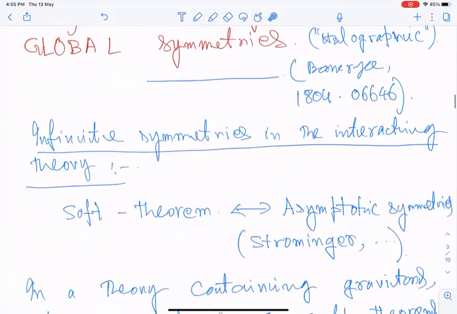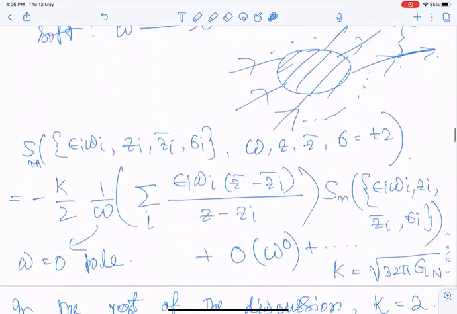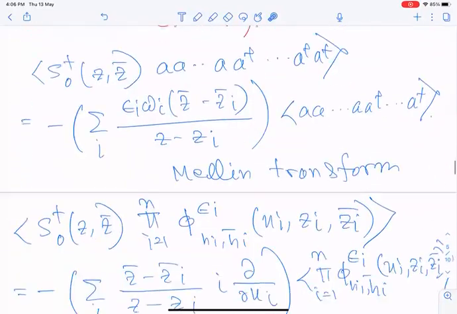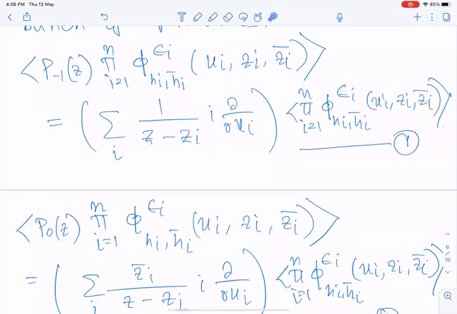But now what we showed is that it is also there in the interacting theory. So what do you mean by we showed that it is also there? I mean, you constructed the Ward identity. And we used the soft theorem, and then we showed that you can think of the soft theorem as the Ward identity for this. Okay. So this one and this one.